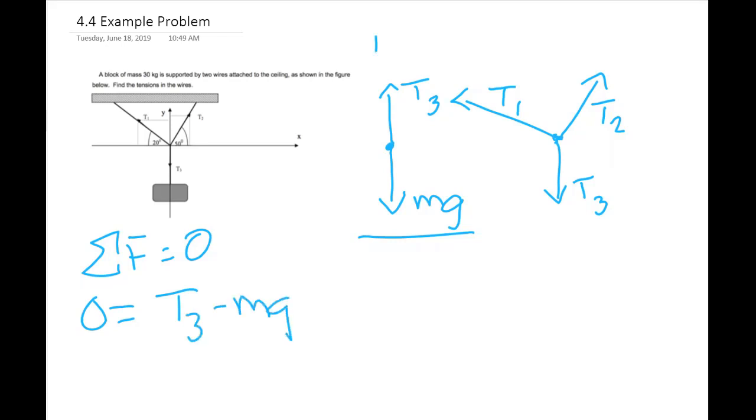And I am making up and to the right my positive directions. So that means that the weight of the block must be equal to the tension in wire 3.